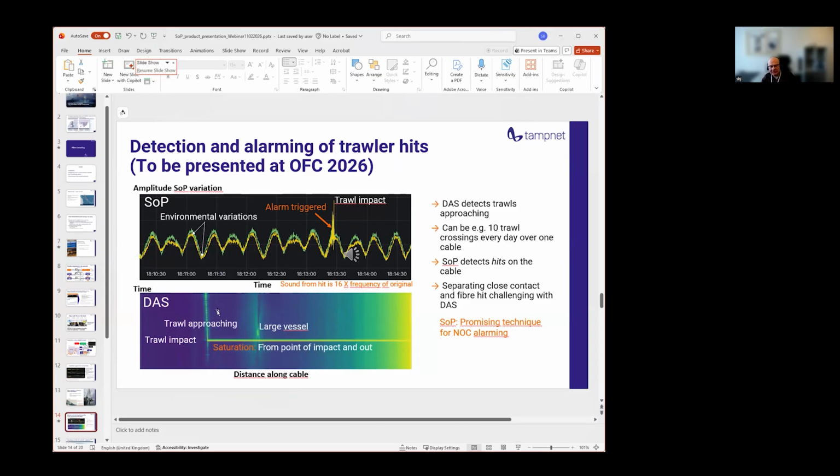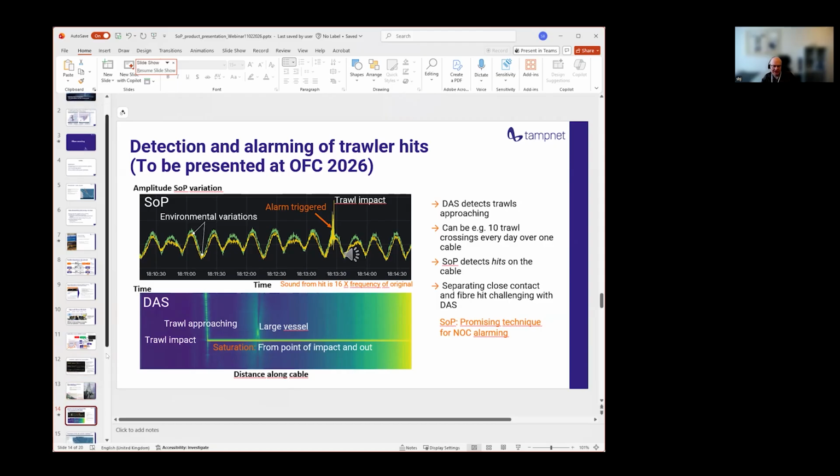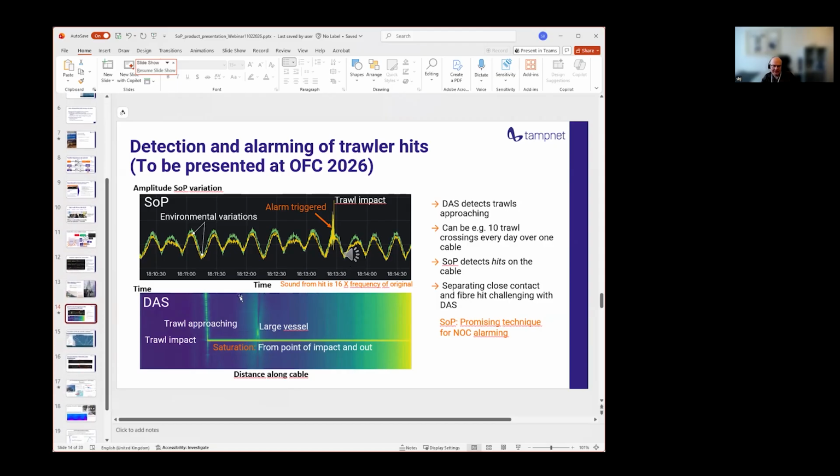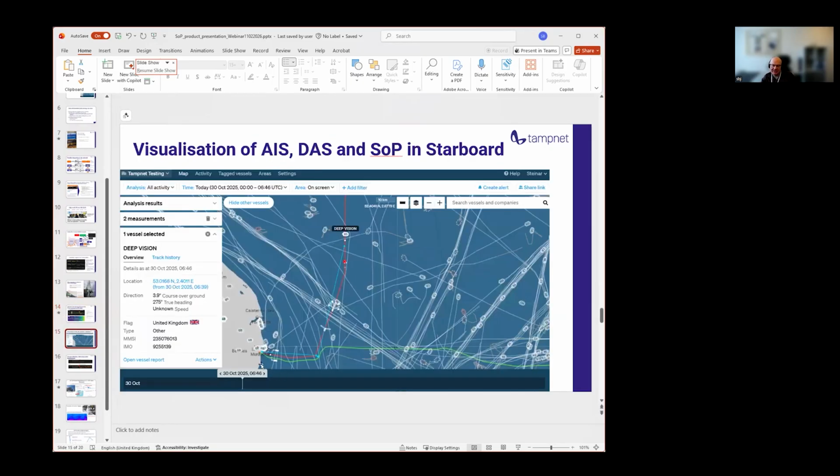And we also observe this on a DAS because we have DAS on parts of this cable. But with the DAS, there is a kind of saturation when you hit the cable because it's a very strong signal, and that is a challenge for DAS units. So with the SOP, we are able to see if it's just passing over the cable or if you have an actual hit and how serious this hit is. And we have a lot of trawlers crossing the cable, but normally it's not hitting the cable like this.